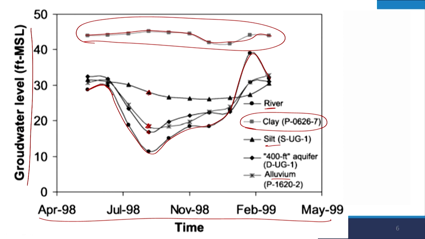So during non-monsoon periods, the flow will be from this particular aquifer into the river, and during the monsoon period it will be from the river into these locations. So that's something to keep in mind.